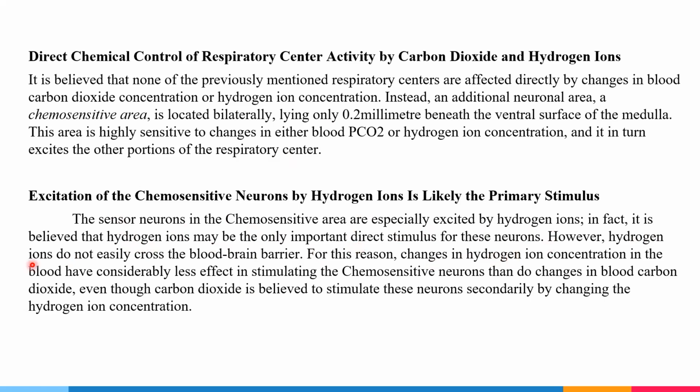However, hydrogen ions do not easily cross the blood-brain barrier. So obviously we know that between the normal circulation of blood and the brain, there is a particular barrier known as the blood-brain barrier, or BBB, which does not allow normal contaminants present in the blood to come into contact with the brain.